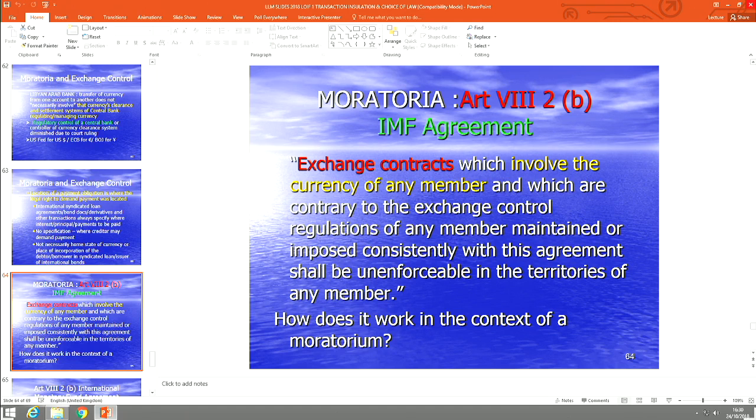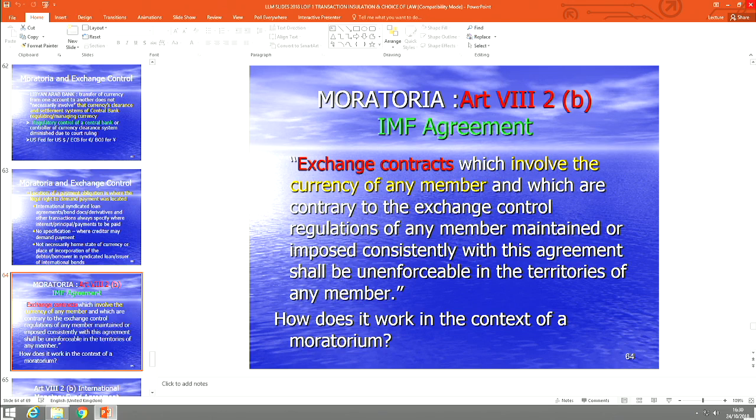In other words, if there are exchange contracts which involve the currency of any member state and which are contrary to the exchange control regulations of that member state, then those contracts are unenforceable in every country which is a member of the IMF. So let's translate that back into a real-life scenario.